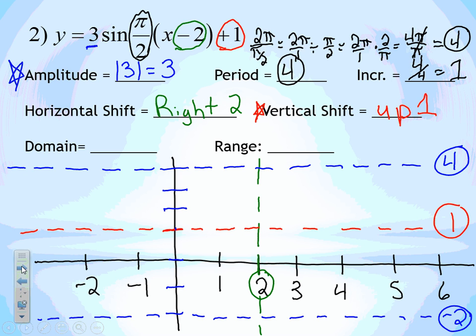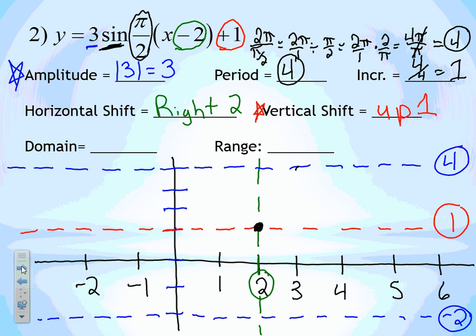Once I have everything in place, now I can graph. So I'm going to be working with sine. It's a positive sine. So I start in the center. Now when I say I start in the center, I need to go to my horizontal shift, which is my green line, and my red line. So I'm going to start right here in my center. When I go to the right, I need to go up because it's a positive sine.